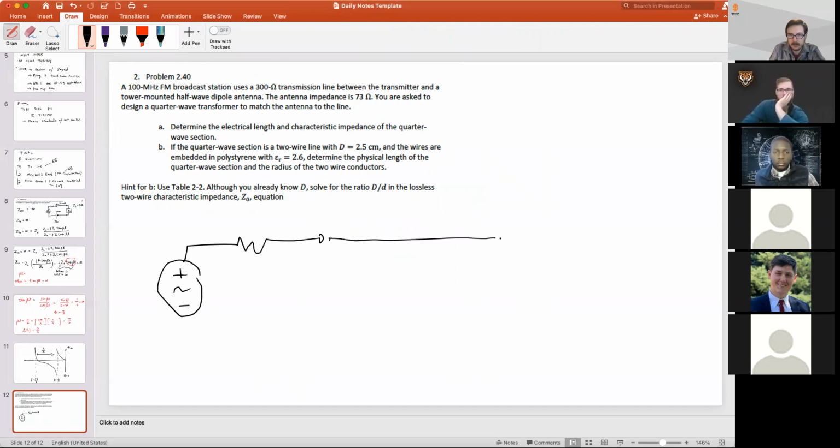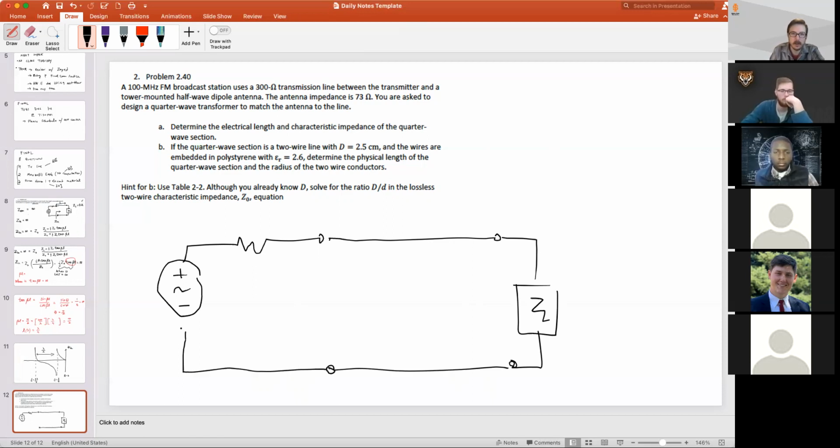If we have some transmission line and some load, if we make this a quarter wavelength, we can often find a way to match these things together.